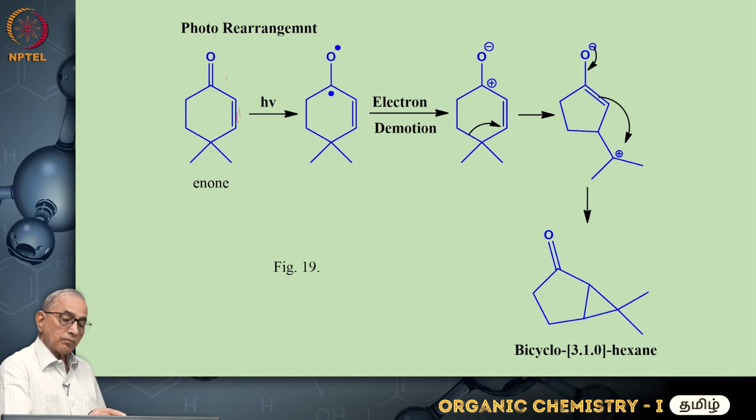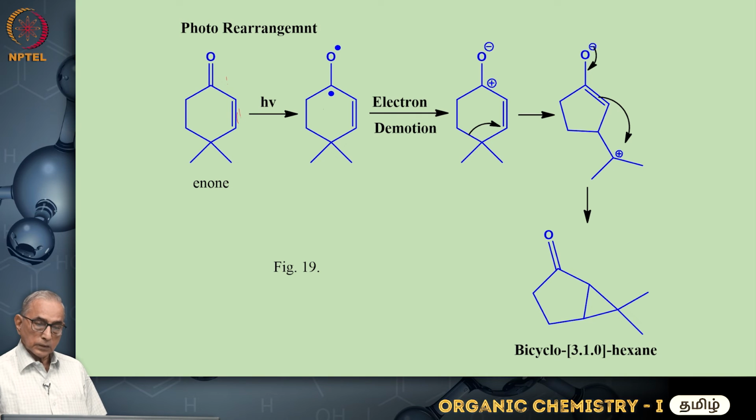If you shine light, it becomes the n to pi star triplet, 2 electrons are separated, and from this the electron gets changed into 2. This electron gets demoted here, it becomes minus, and this becomes plus.